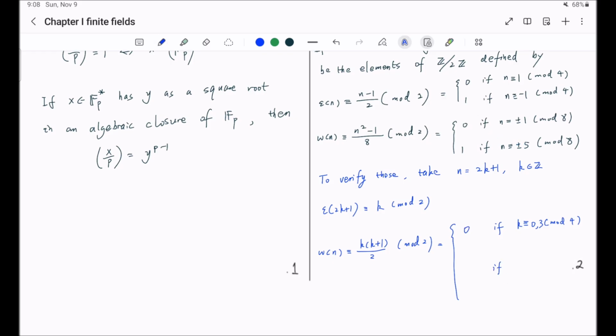And the second scenario, when n is equal to plus minus 5 modulo 8, happens when k is equal to 1 or 2 modulo 4. And when this happens, this is an odd number, so it is equal to 1 mod 2. So this is the explanation for these two functions of n.